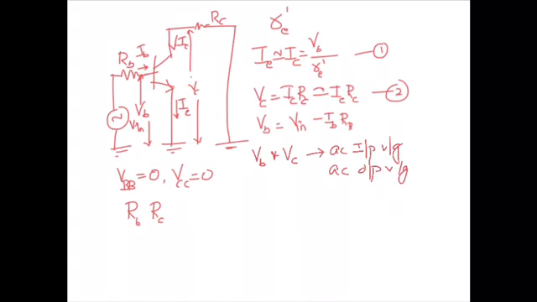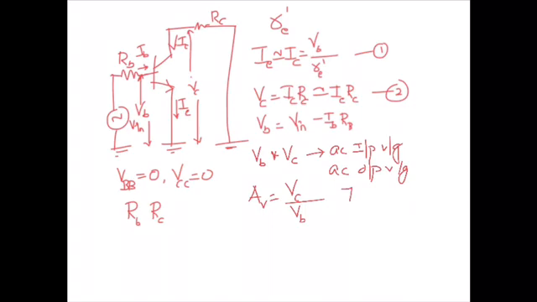Now let us write the voltage gain, which is the ratio of VC to VB. The voltage gain AV is equal to output voltage divided by input voltage. The output voltage is VC and the input voltage is VB, so AV is equal to VC by VB.